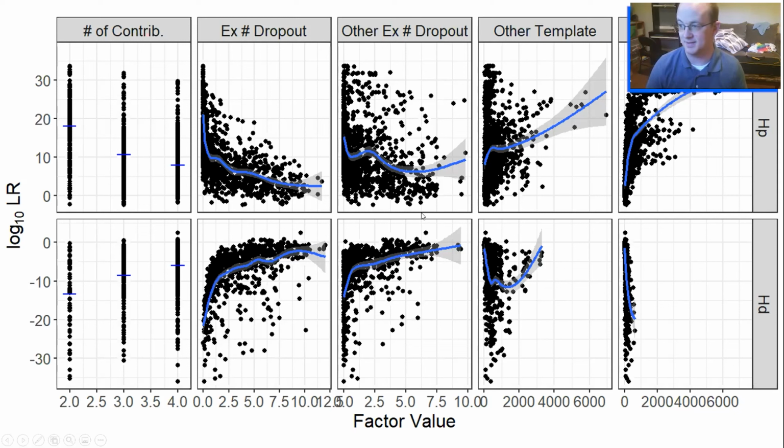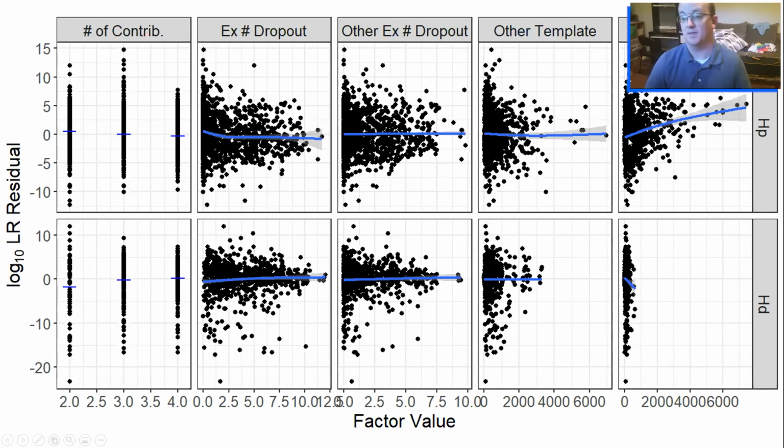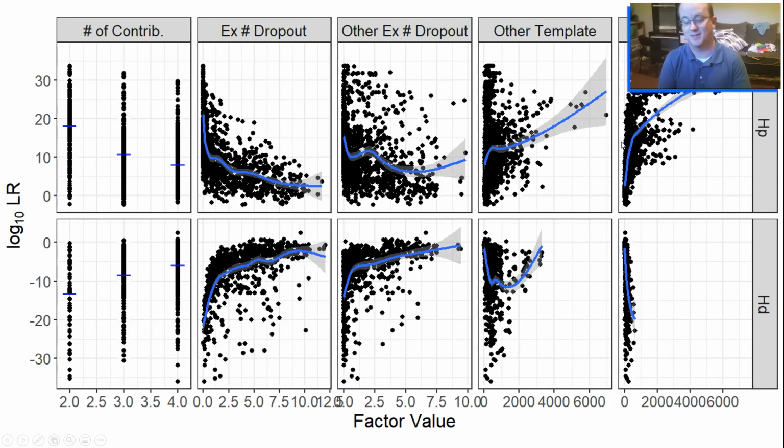And as template increases, you tend to get more compelling LR values in general. This is analogous to that first plot of the linear regression, where there are clear trends in the response as a function of the candidate factor. Here we can see that the distribution is changing across these factors.